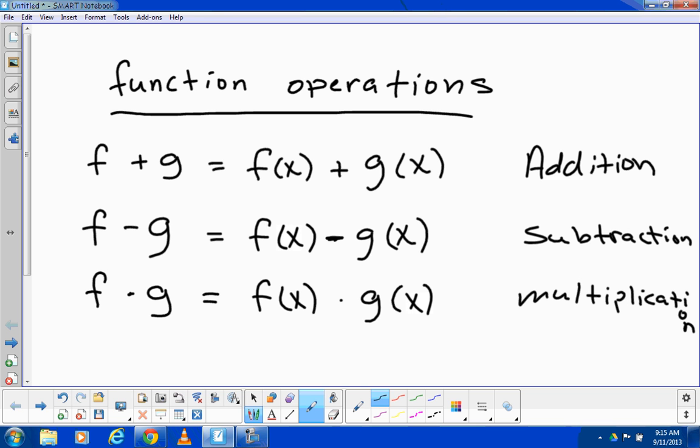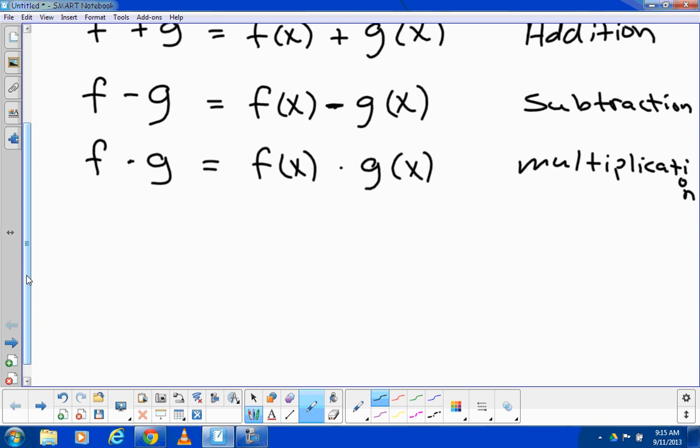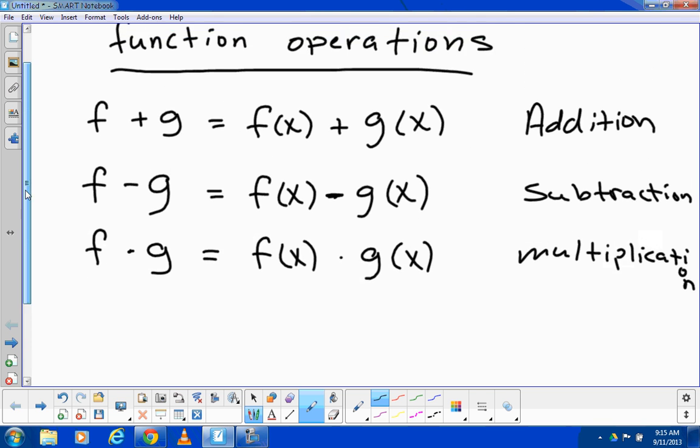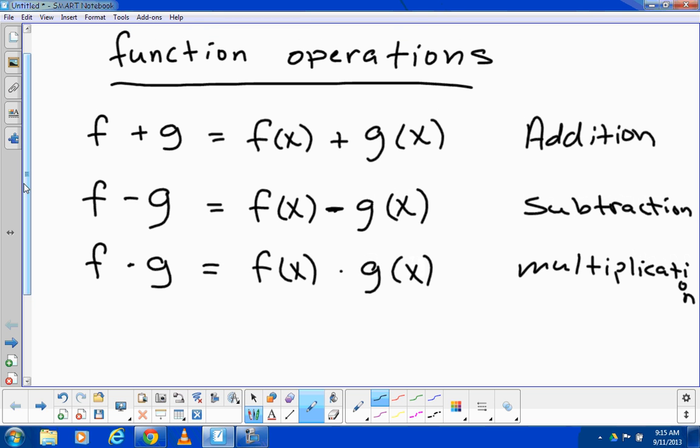Now here's sometimes where we're going to have a little bit of an issue with the domain, and it's division. So f divided by g. This would just be taking the 2 functions and dividing them. A lot of times there's really no work to do. You just put one function on the top of a fraction, the other function on the bottom.